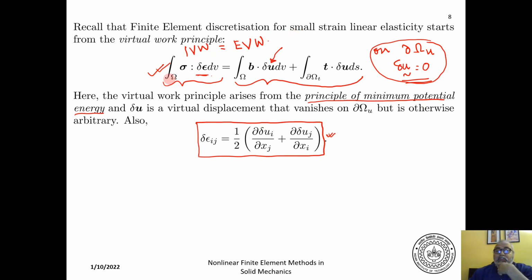So this is the starting point of our finite element formulations in case of linear elasticity. This will also change as we go along with nonlinear finite elements, but we'll come to that later.